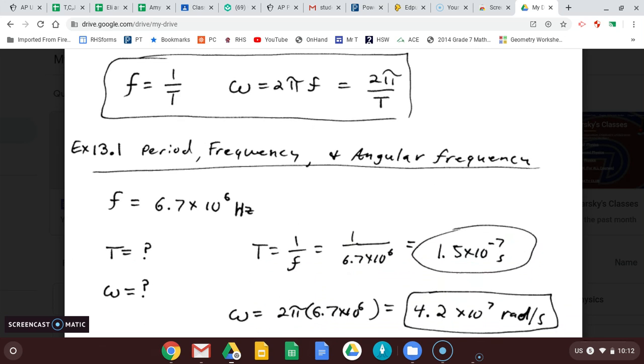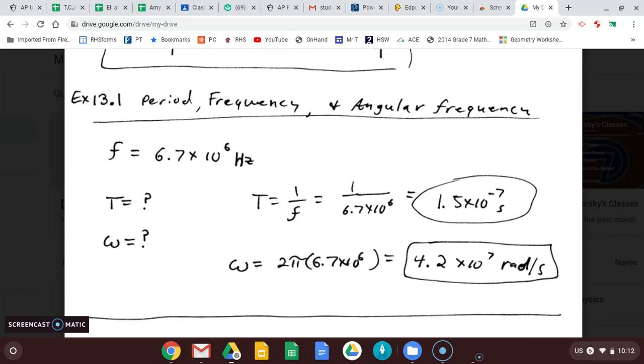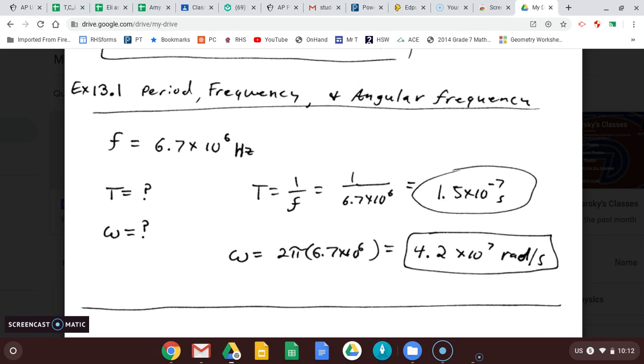So, a real simple example, 13.1 in your books, just converting some of these things. We're given here a frequency of 6.7 times 10 to the 6 hertz. And we're asked for two basic things. What is the time period? And what is the angular frequency omega?